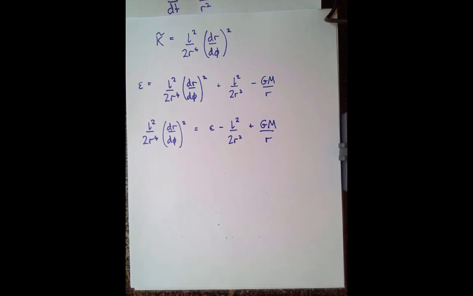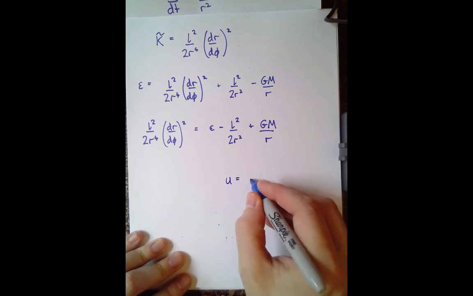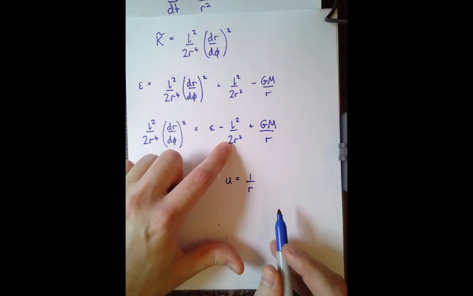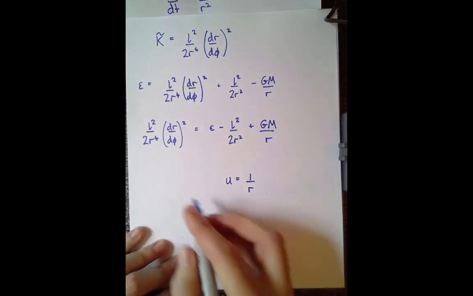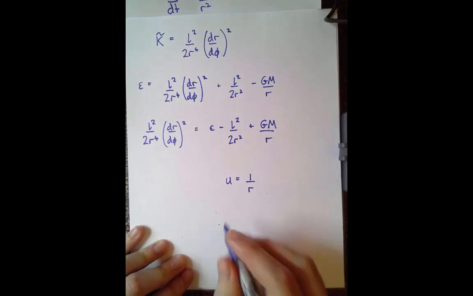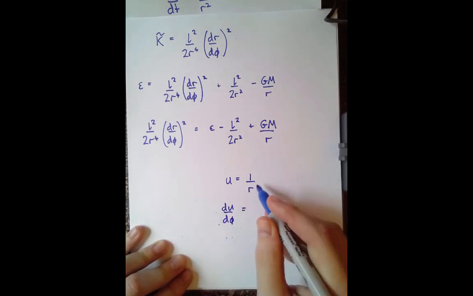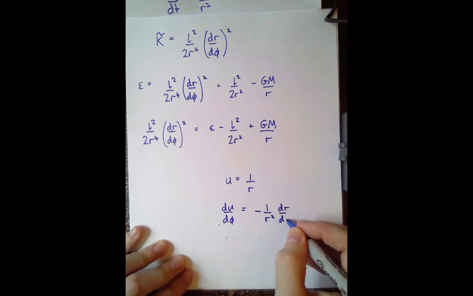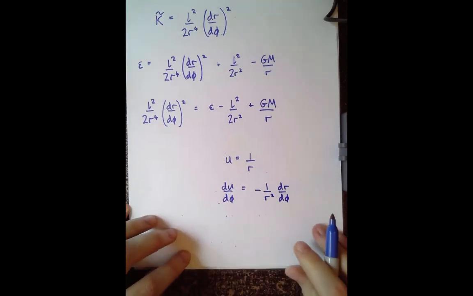In order to do that, we can define a new variable called u that's equal to 1 over r. So whenever r is in the denominator and we substitute in for u, we end up with u in the numerator. We need to also substitute it in here, so we need to know what du/dphi is. Well, if we differentiate this with respect to r and multiply by dr/dphi, by the chain rule this is equal to that.